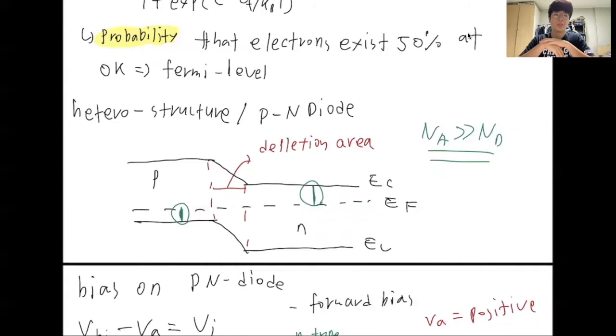So we can determine how many acceptors or donors are doped. If the Fermi level is close to the valence band, the semiconductor is doped p-type, and if close to the conduction band, the semiconductor is n-type.